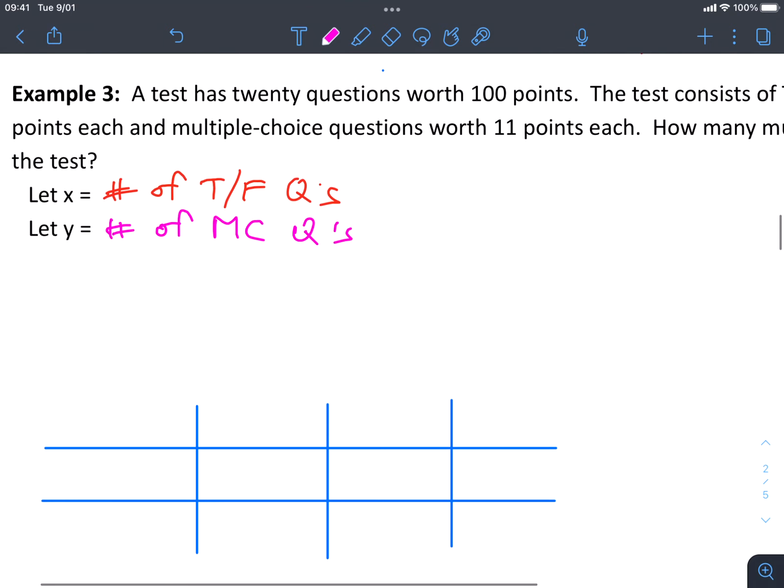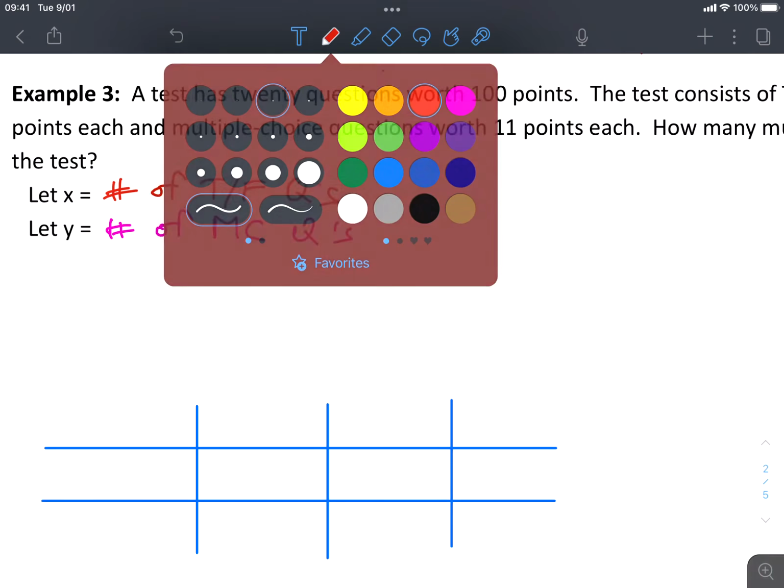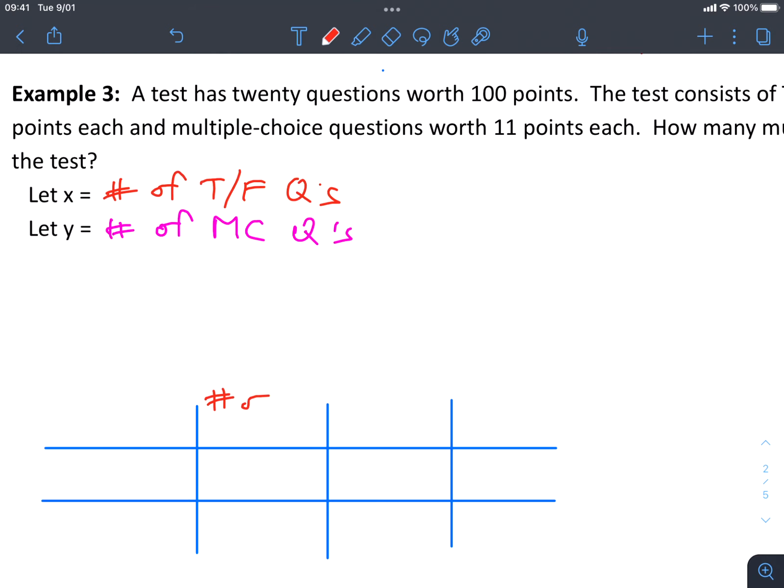So that's what we're looking for, right? So the number of true and false, and we're looking for the number of multiple choice.